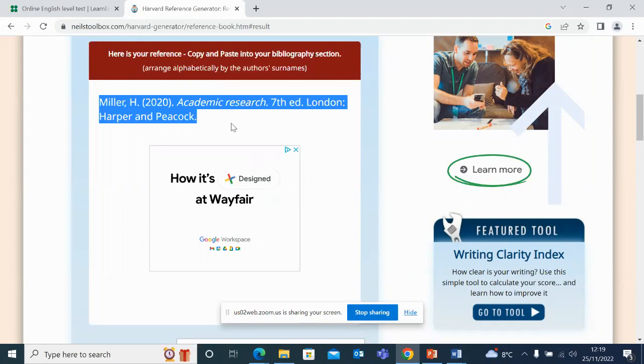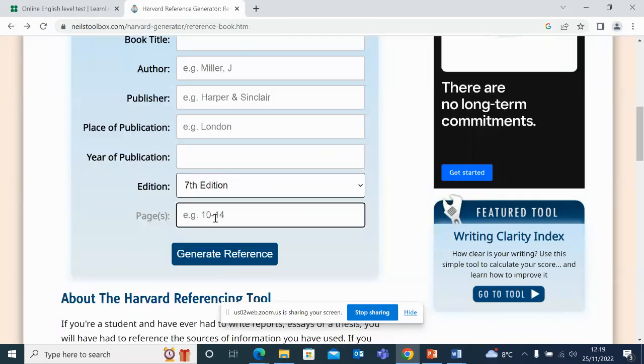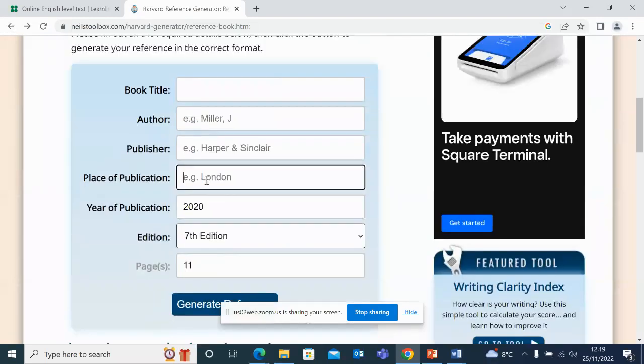But it's not for the page. For example, if I take some materials from page 11, it doesn't put it in here. So if you get it from page 11, can you see this bottom bit? It says pages. Put 11 in. Okay, just an example for you. Let's go back.